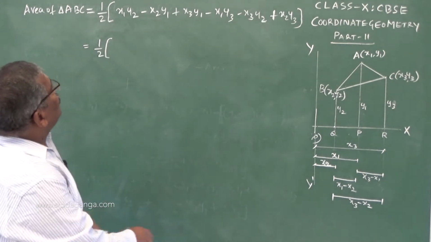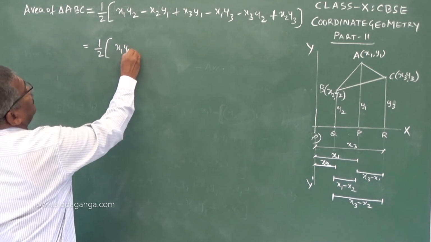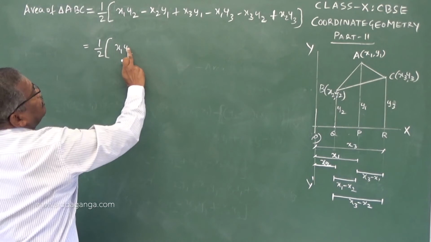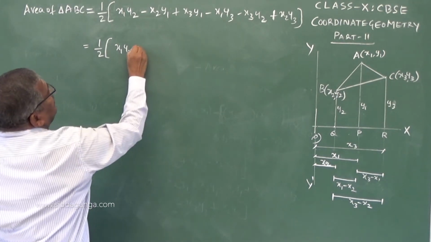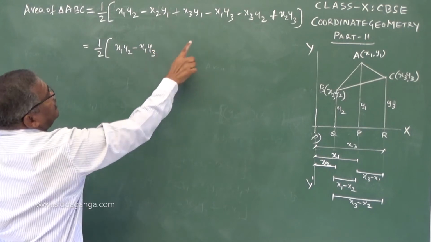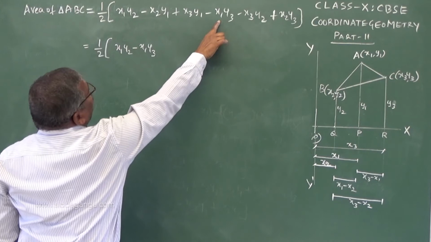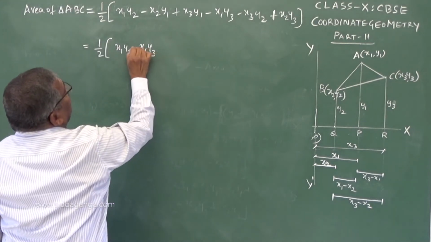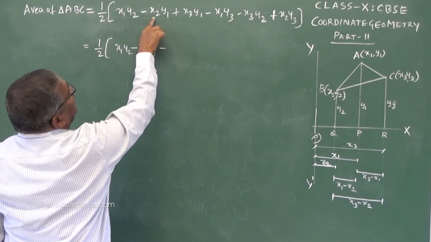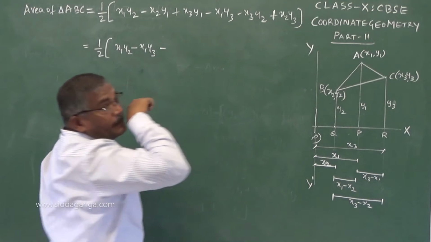So you group those two, x1 y2, I will take this to its adjacent, minus x1 y3, don't change the sign, write it as it is. x1, you group these two, minus x2, one x2 is here, another x2 is here.